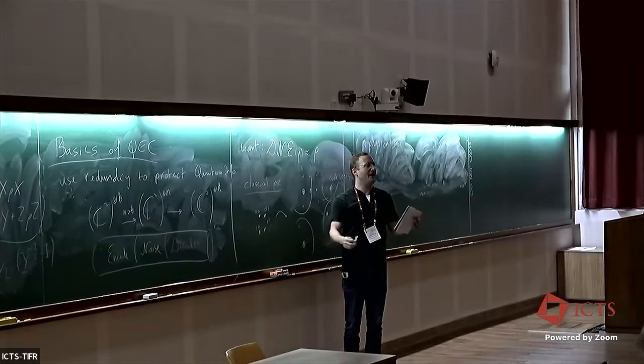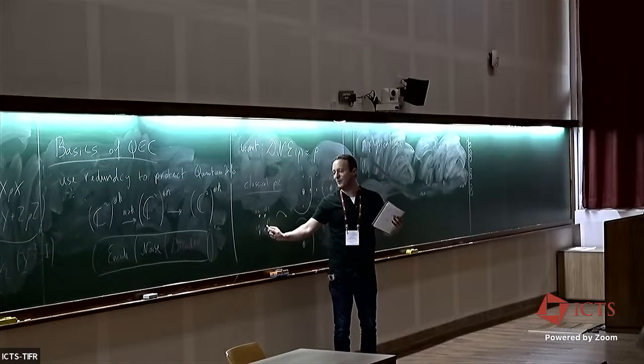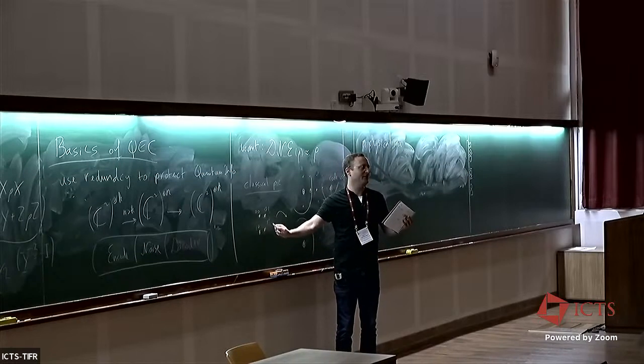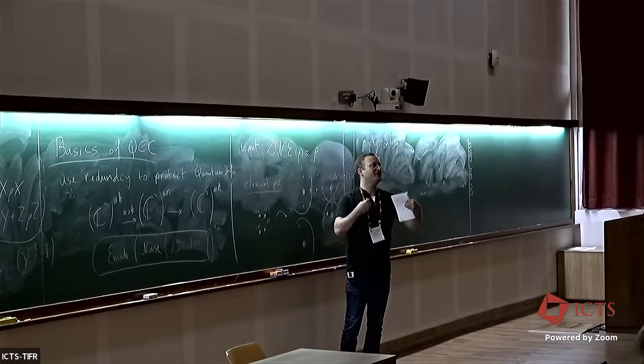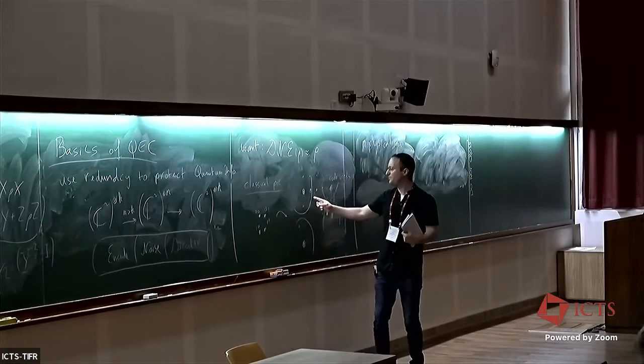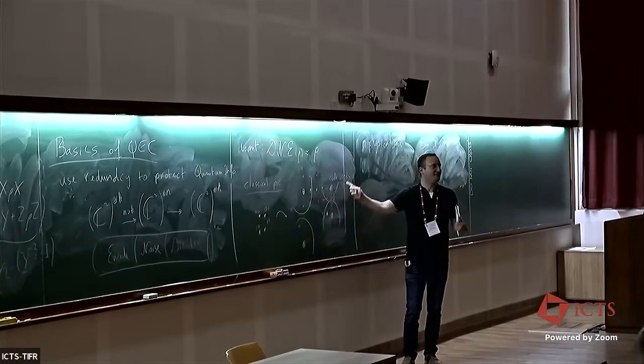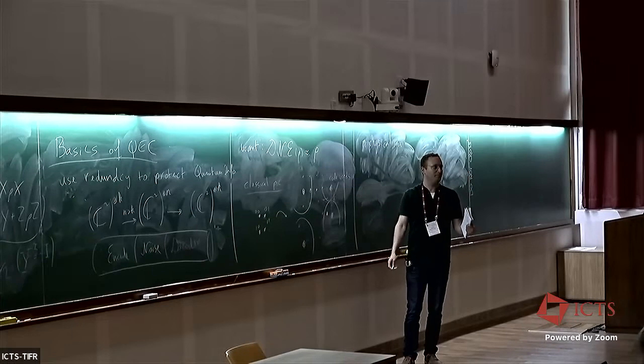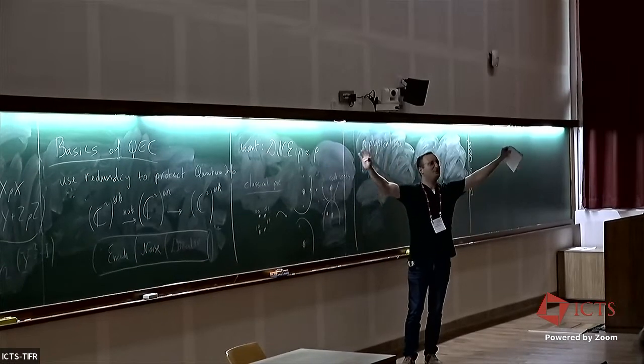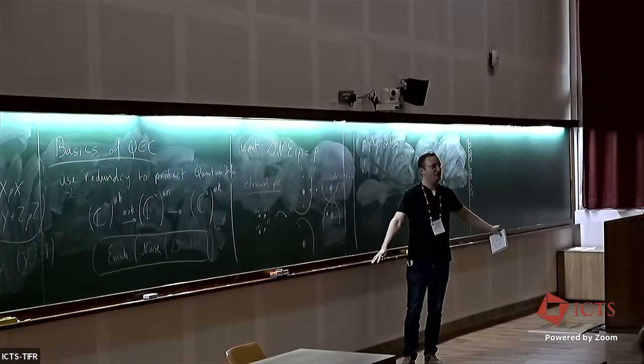And then any error will map you from one type of message to another. You don't want this. You want to use redundancy, which means you're going to a space with many more states, physical states. And then you spread out your code words in the space so that it takes a lot more effort to go from one logical code word to another.